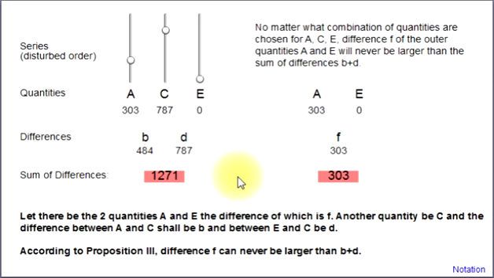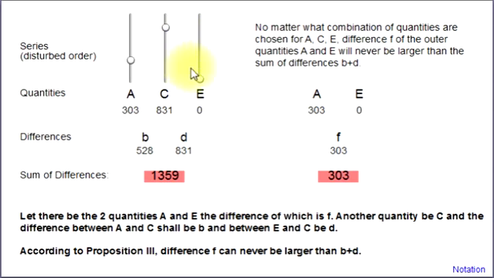So the sum of differences therefore increases. But since I'm not moving the outer quantity A or E, the difference between the outer quantities stays the same. So however I move this C slider upward, the difference between the sum of all the differences and the difference between the outer quantities is going to be ever larger.